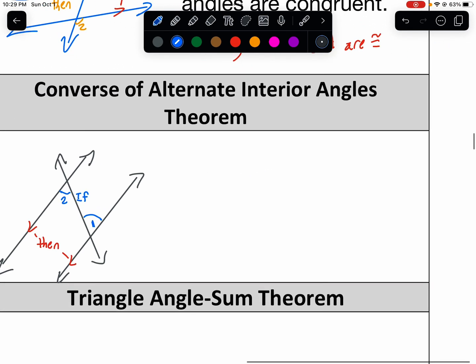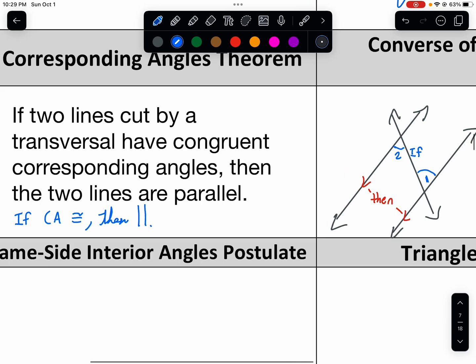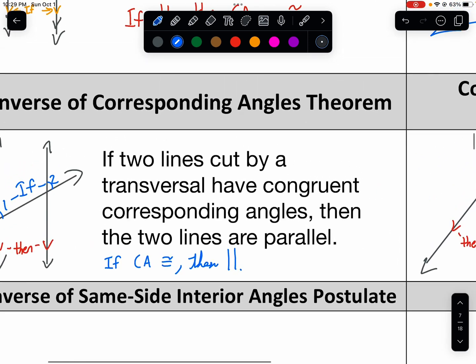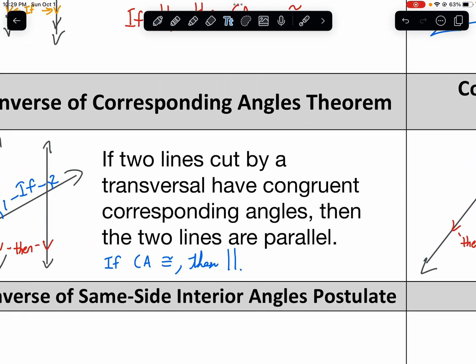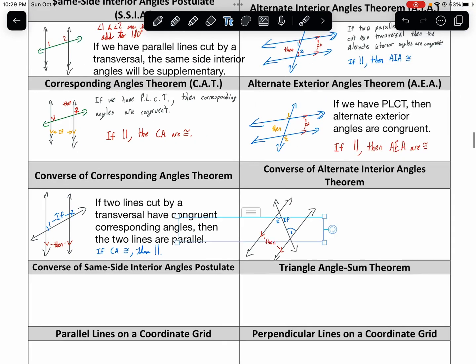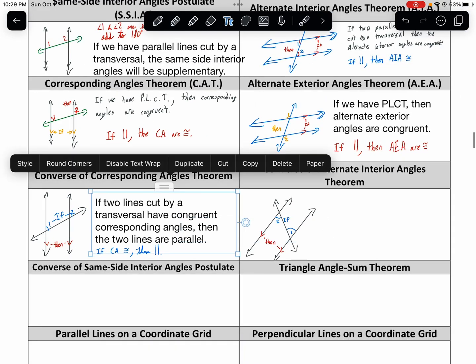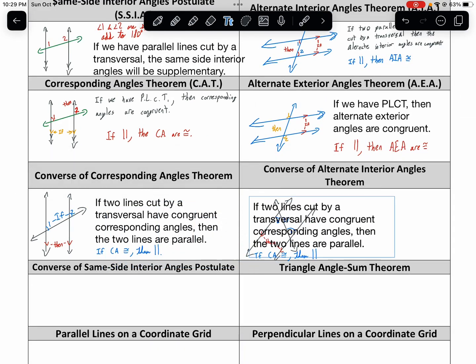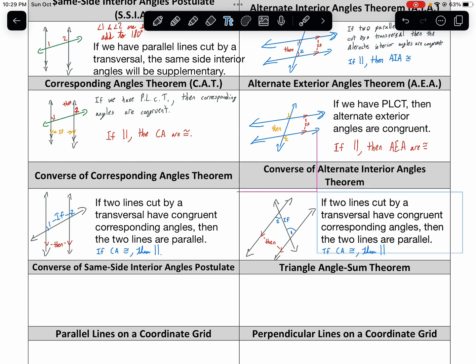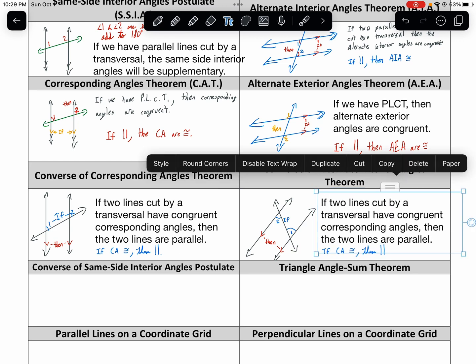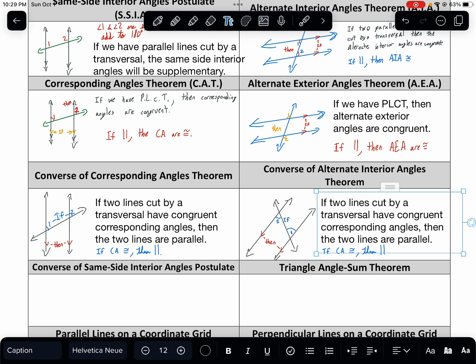If congruent, then parallel. Now, just to make it easier on myself, I'm going to quickly copy this one. Duplicate that and just make a quick change here. And rather than corresponding, I'm going to put alternate interior angles.